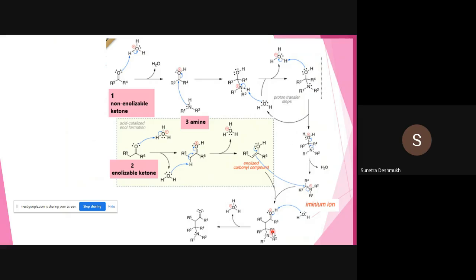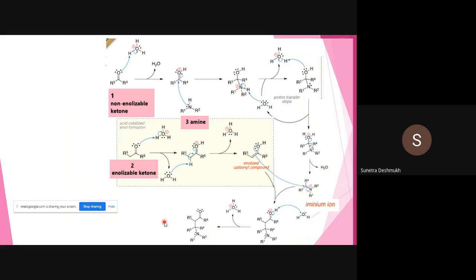After some elimination steps, we get our final Mannich base. So this is the Mannich base, a beta-amino carbonyl compound. We have to remember three starting materials in the Mannich reaction. The first is a primary or secondary amine, or ammonia. The second is a non-enolizable ketone, and the third is an enolizable ketone.